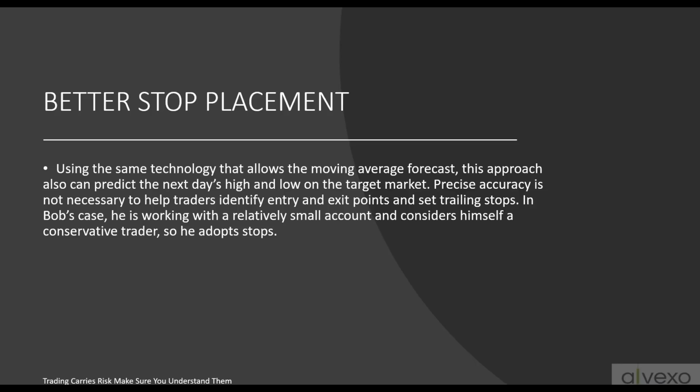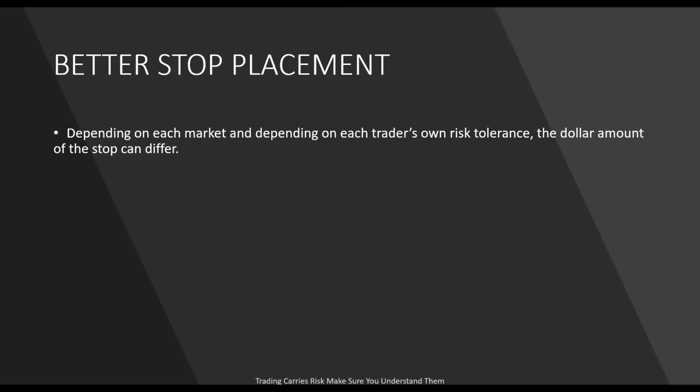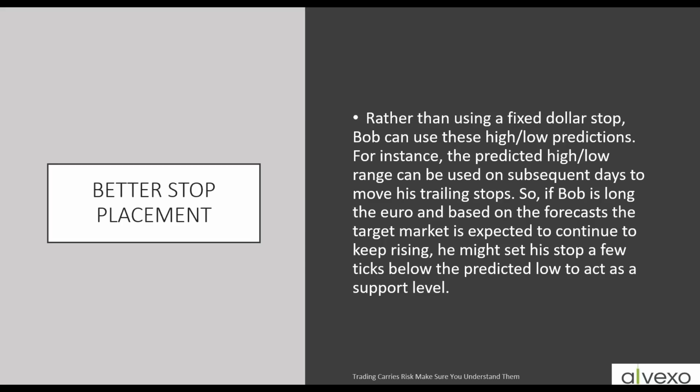Precise accuracy is not necessary to help traders identify entry and exit points and set trailing stop losses. In Bob's case, he is working with a relatively small account and considers himself a conservative trader, so he adopts stops. Depending on each market and each trader's own risk tolerance, the dollar amount of the stop can differ.